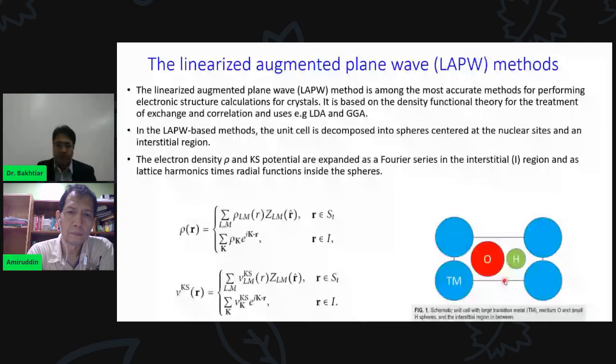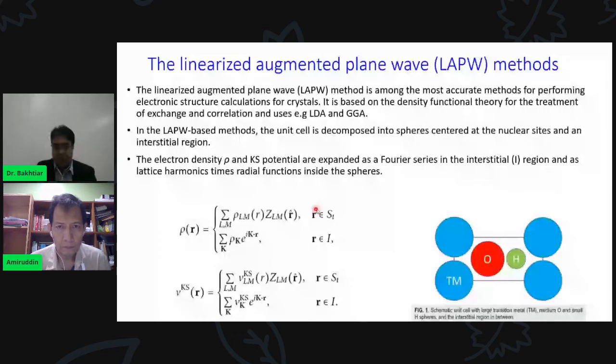So the electron density and the Kohn-Sham potentials are expanded as a Fourier series in the interstitial region, in the empty space, like this one and this one, and as lattice harmonics times the radial functions inside the spheres. So like this one, these are the equations inside the spheres. These are the ones inside the interstitial regions.